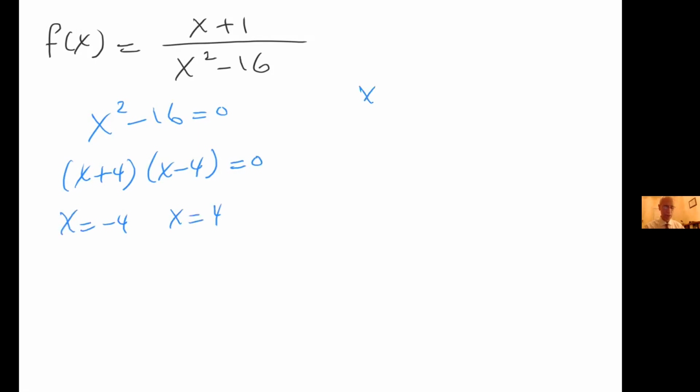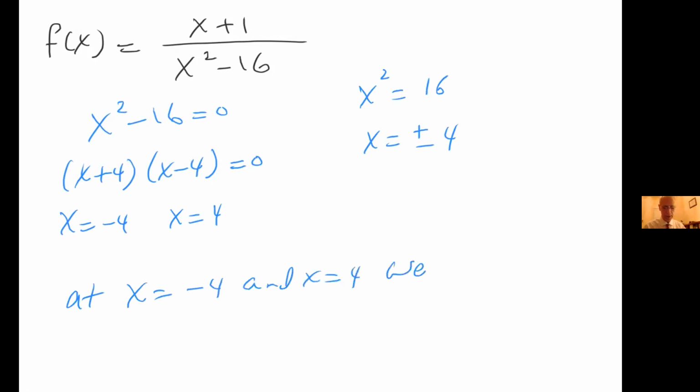Or you could add 16 to both sides, x squared equals 16, and x equals plus or minus 4, taking the square root of both sides. Either way, the vertical asymptotes are at x equals -4 and x equals +4.